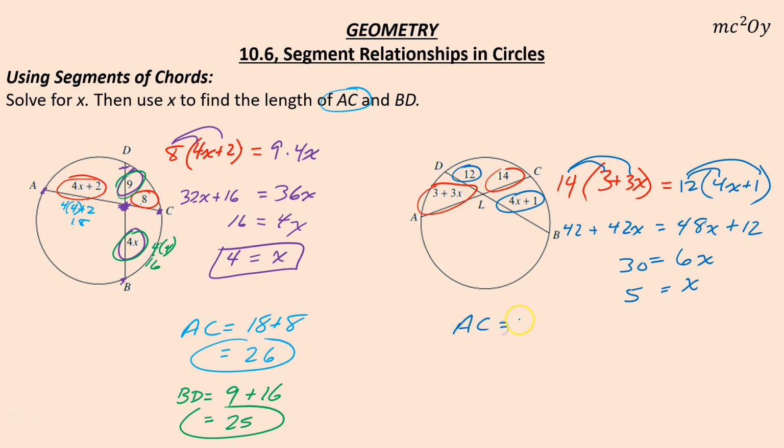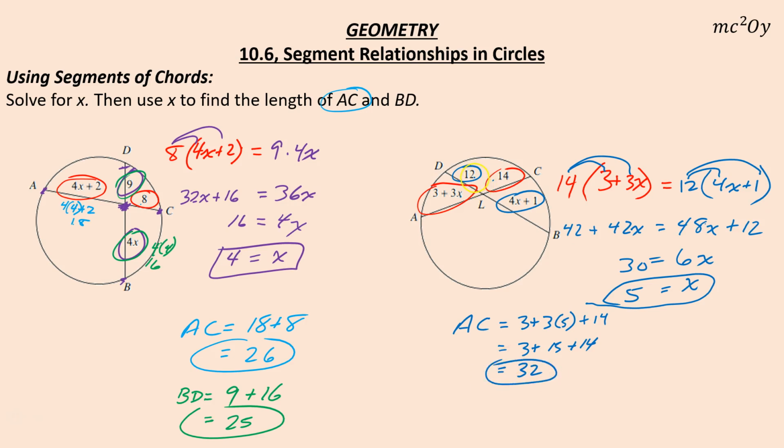If x is 5, AC equals 3 plus 3 times 5 plus 14. Right, these two put together. So that's going to give me 3 plus 15 plus 14, or a grand total of 32. Okay.